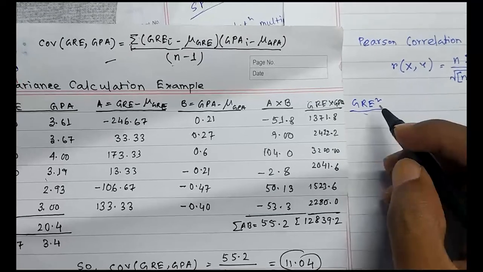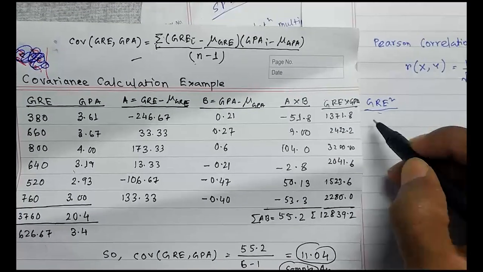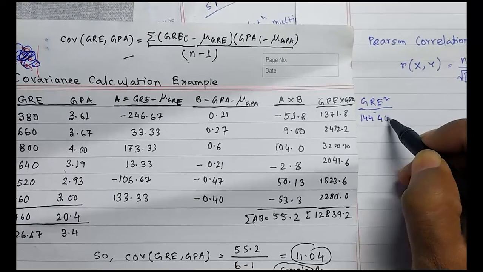So what are the values of GRE square? 380 square is 144400.